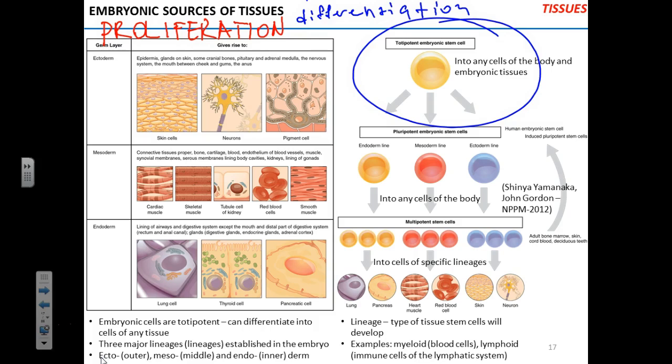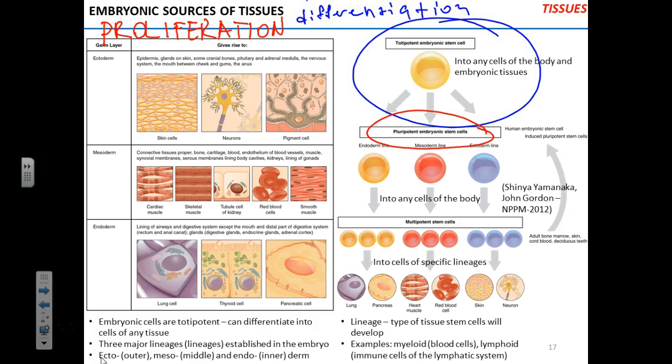Clear? Awesome. So these totipotent embryonic stem cells start to differentiate and proliferate, both. And first, and only, they differentiate into pluripotent embryonic stem cells. What do you think is the difference between totipotent and pluripotent?